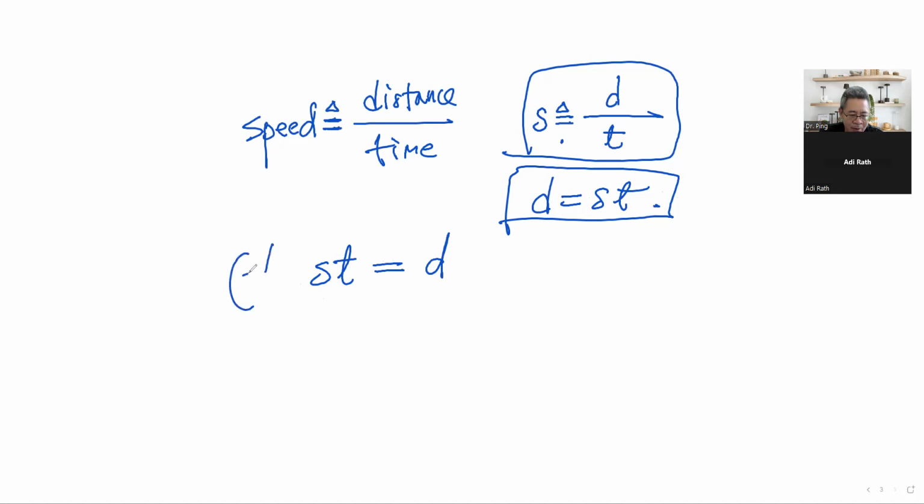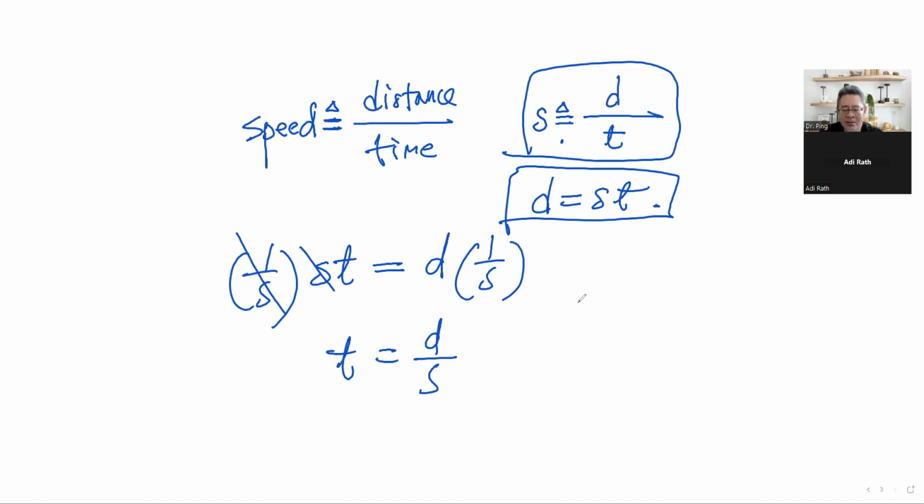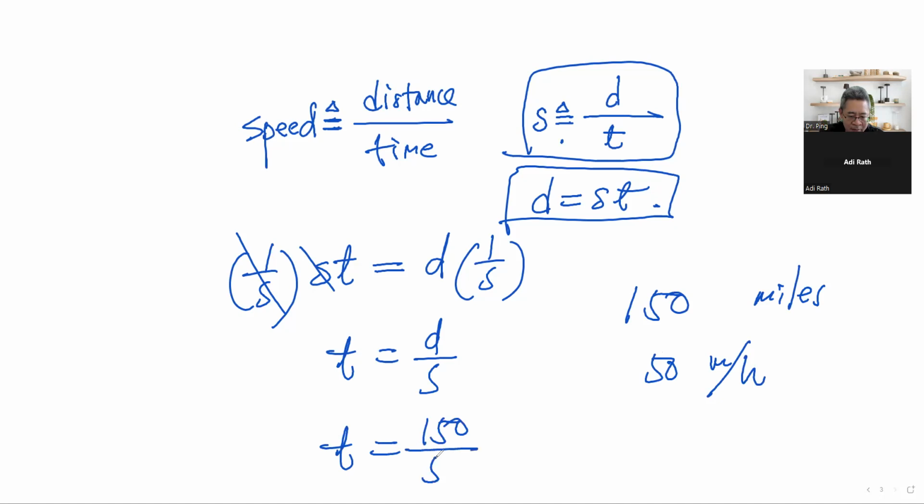If we multiply by 1 over S on both sides, that cancels, we got T, and the other side is D over S. So time is equal to distance over speed. If the distance is 150 miles and we are driving at 50 miles per hour, then our time will be 150 over 50, which gives us 3 hours. Okay, good.